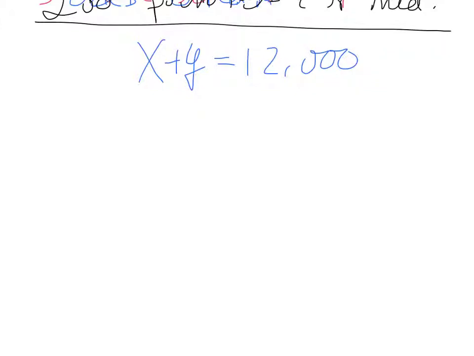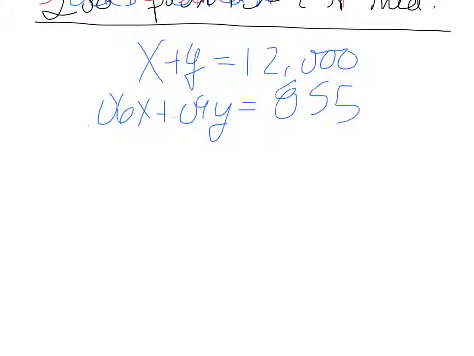Now the interest on the first one was 6%, 0.06X. The interest on the second one was 0.09Y, and the total interest that accrued after 1 year was $855. So here I'm just going to eliminate the x's because x is the smaller coefficient.